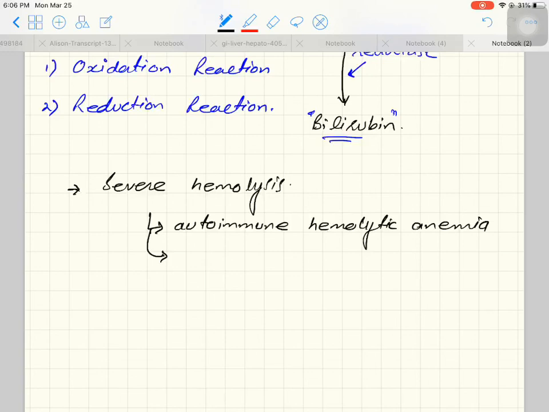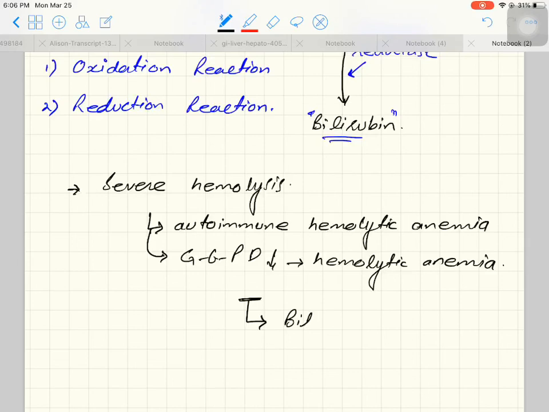For example, glucose 6-phosphate dehydrogenase deficiency also leads to hemolytic anemia. In all these cases, excessive breakdown of RBCs produces excessive bilirubin.